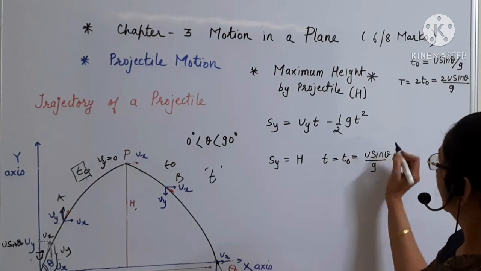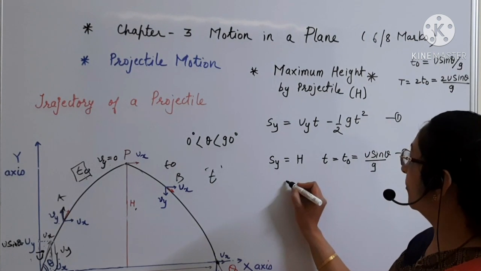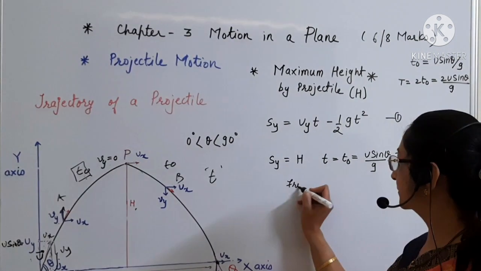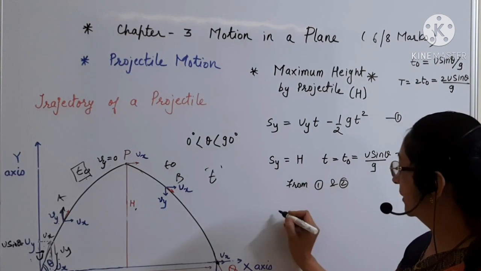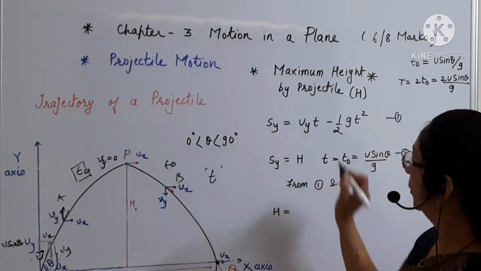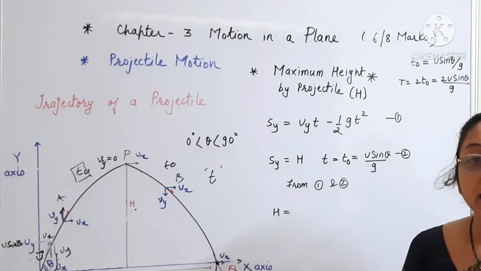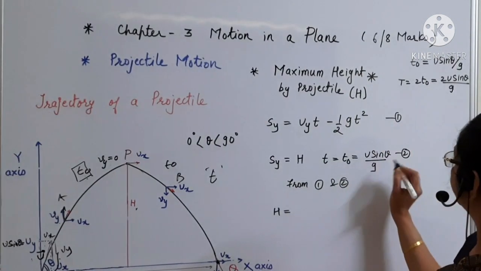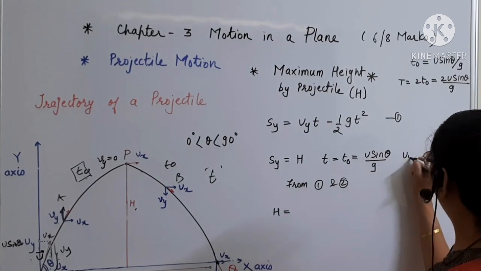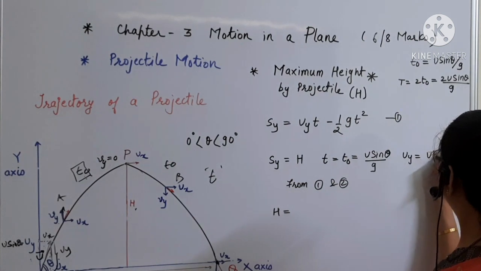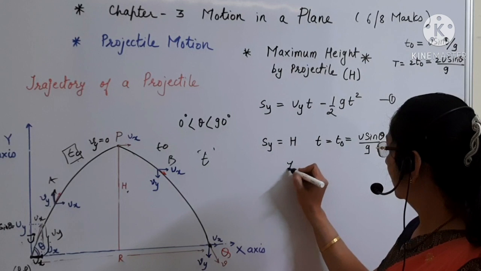This is equation 2. Now what is uy? uy is u sin theta.